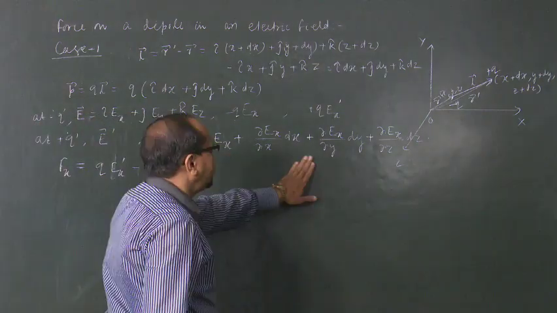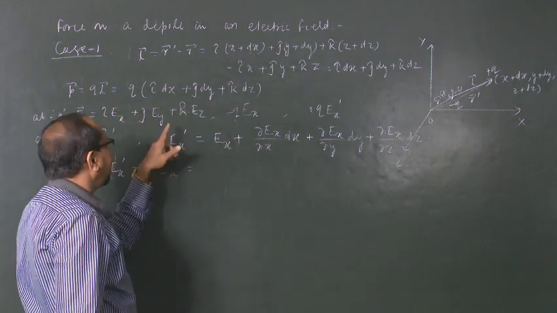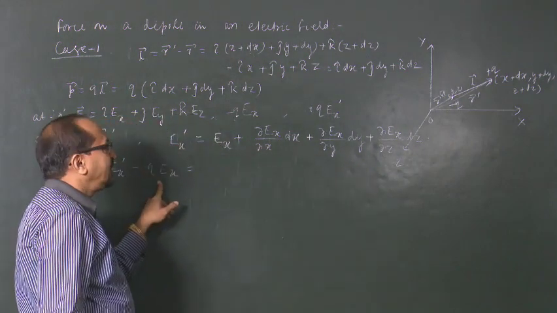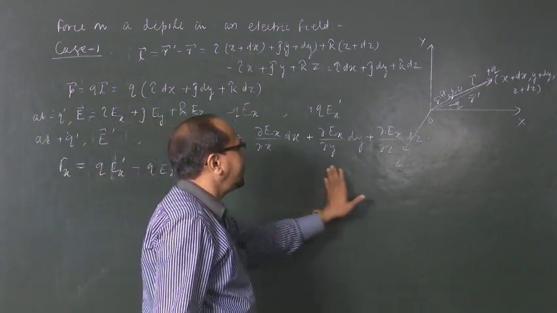If we multiply q into this and subtract q into E x, we will be left with q into this factor.